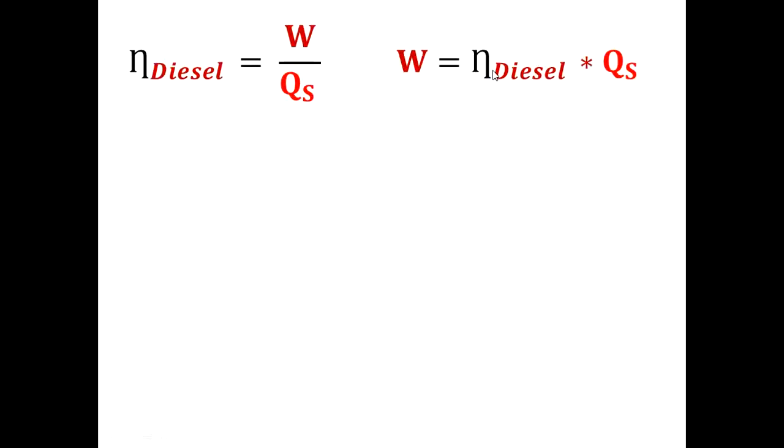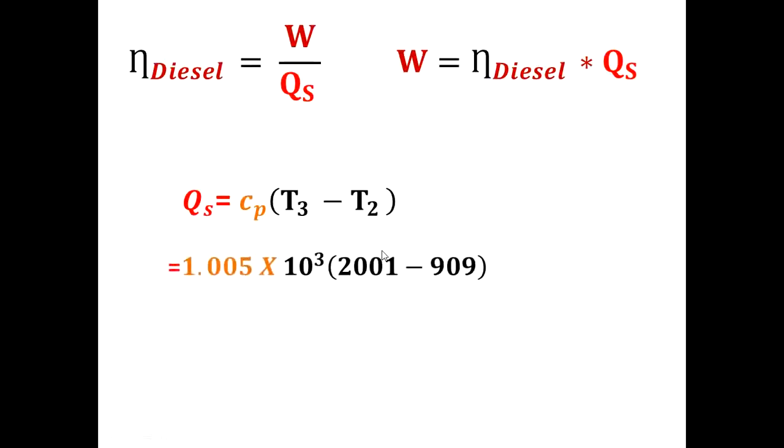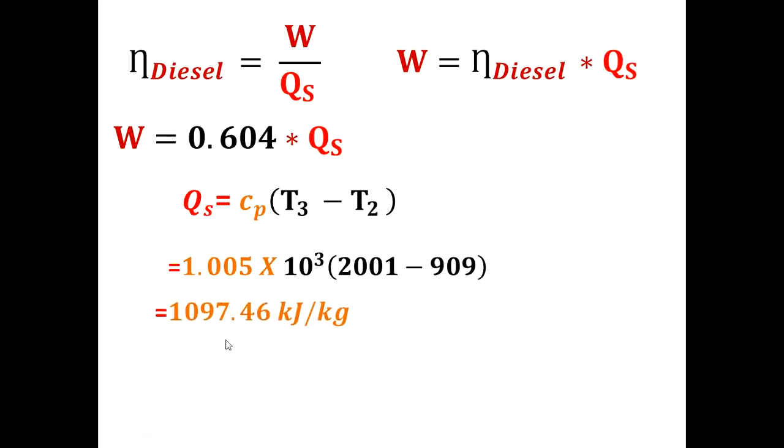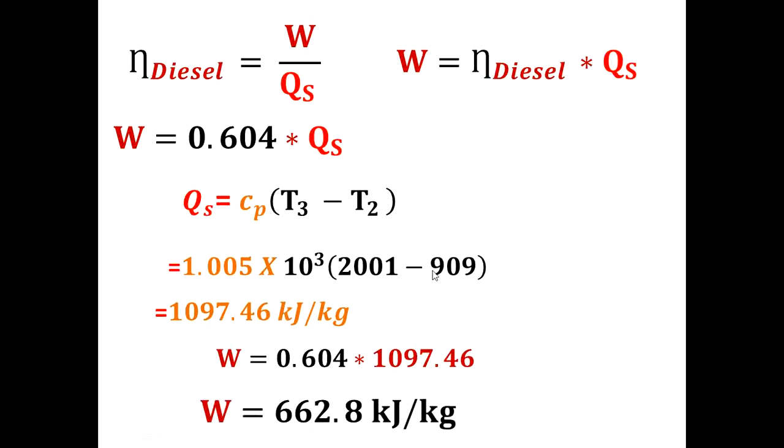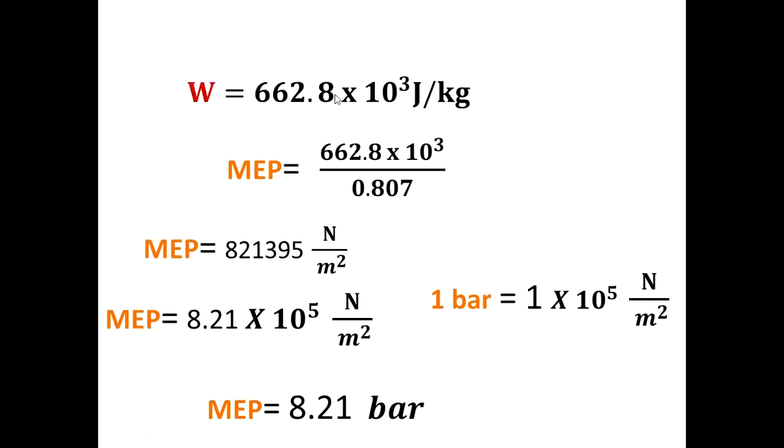W is equal to the diesel efficiency into Qs, where Qs is Cp into T3 minus T2. Put in the values and W is equal to 662.8 kilojoules per kg.